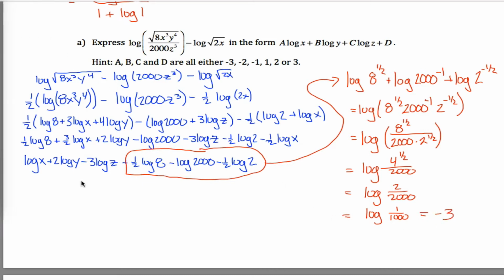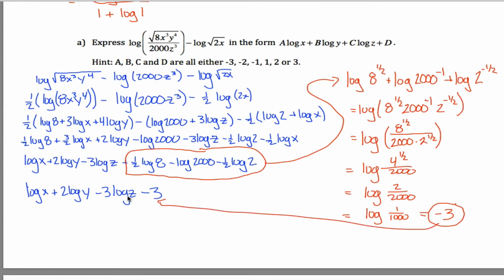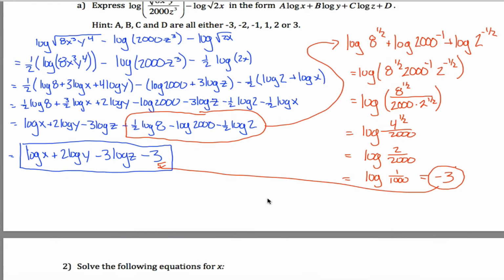So what I get for my final answer is the log of x plus 2 log of y minus 3 log of z minus 3. And maybe to help with the arrows, this minus 3 right here goes in here. Maybe I'll throw a box around that, throw some equal signs in here, and call that one good. Pretty challenging problem, although you saw something pretty similar on the worksheet.